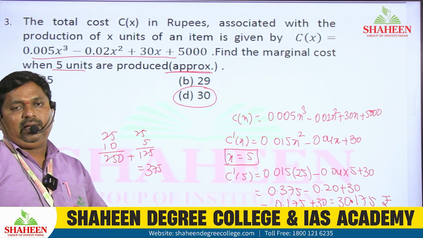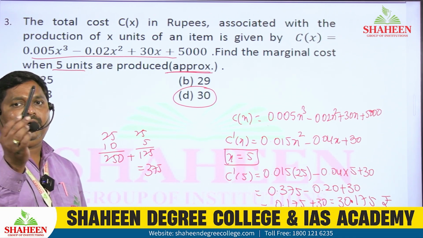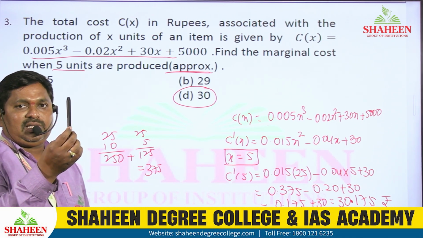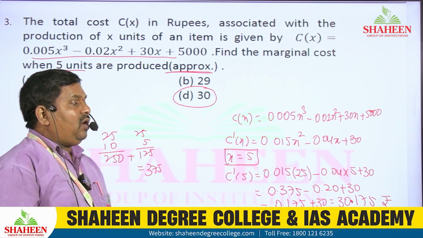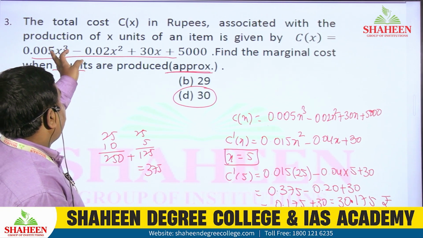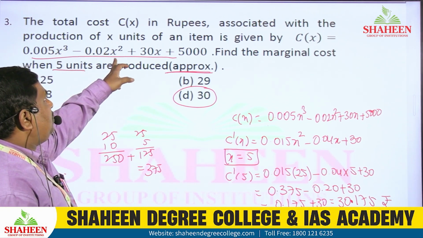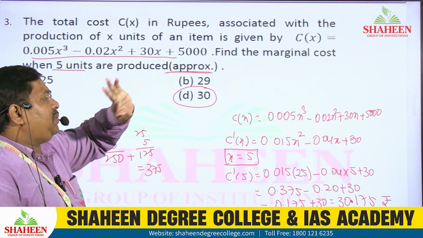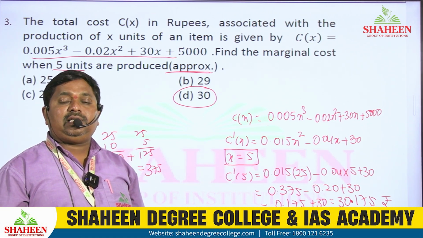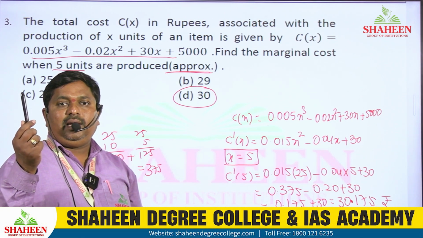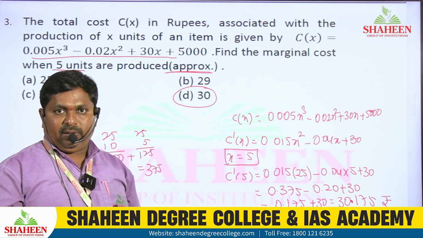For example, we are producing this kind of item, and the cost price function is 0.005 x cube minus 0.02 x square plus 30x plus 5000. We require the marginal cost of this pen when 5 pens are produced.